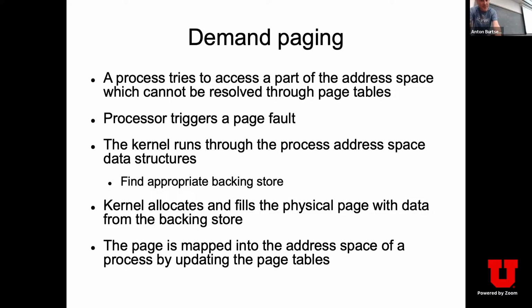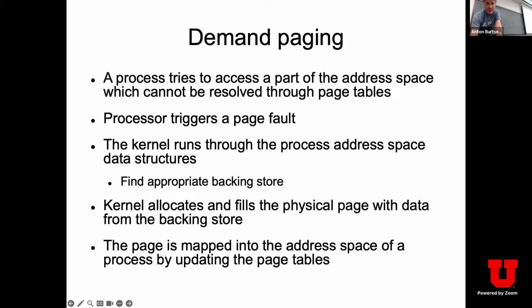In a second, I will explain the reasons which can trigger a page fault, but essentially at a high level, everything boils down to understanding whether the region was mapped, was allocated previously, and what needs to be done to either bring the page back from disk, from backing store, or just allocate it, right?